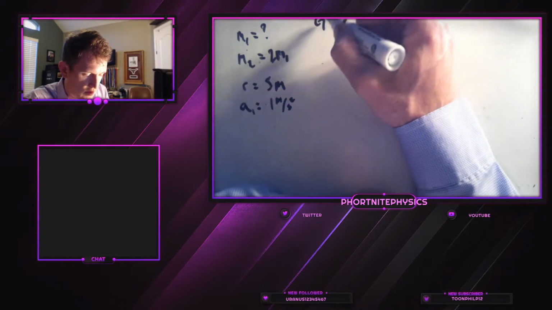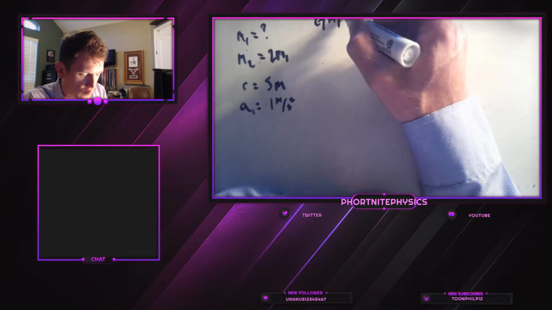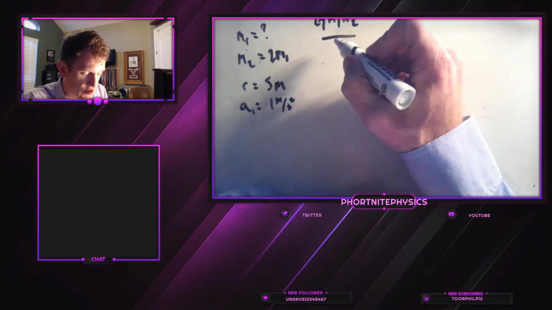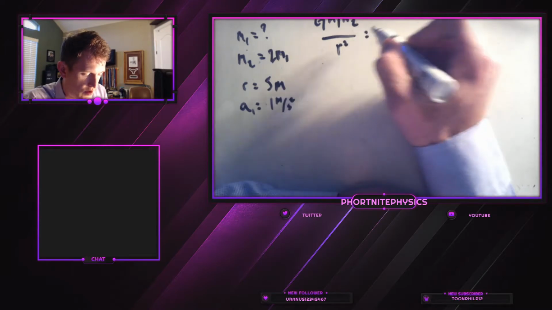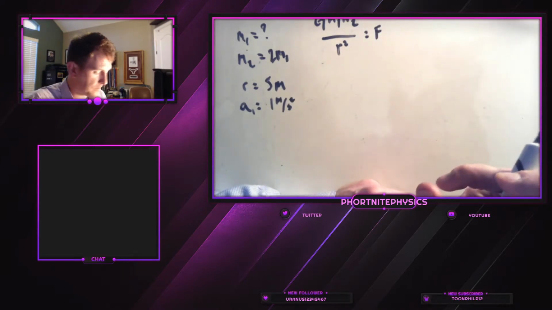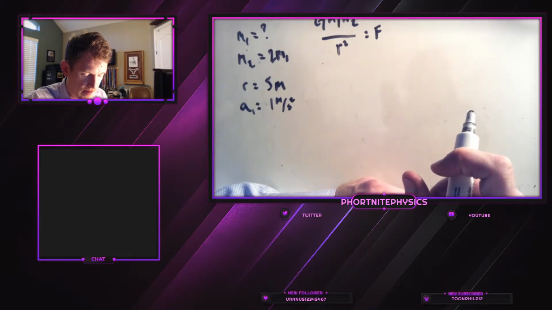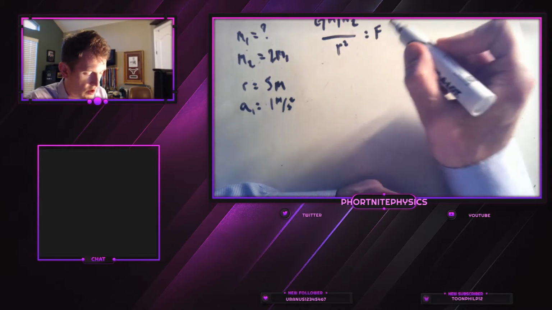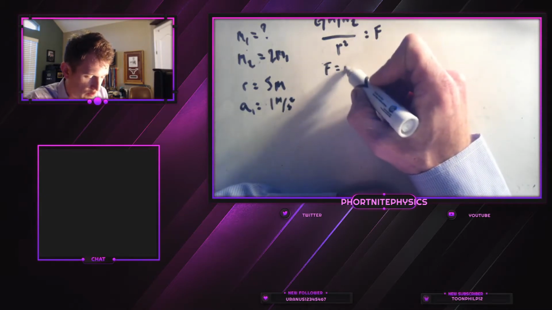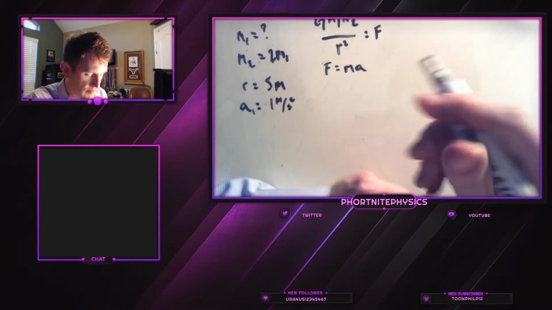Our equation for universal gravitation is G m1 m2 over r squared equals our force. We also know that force is equal to mass times acceleration.